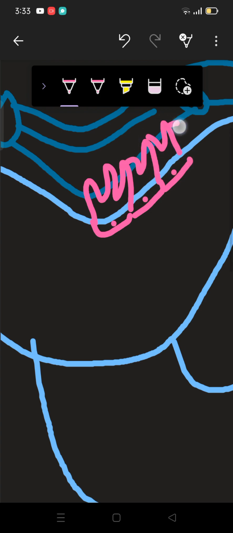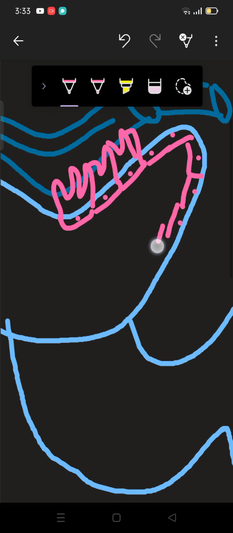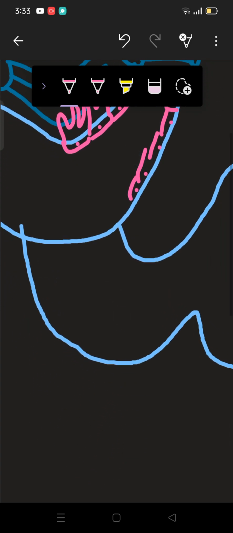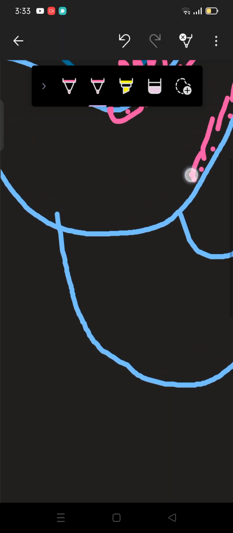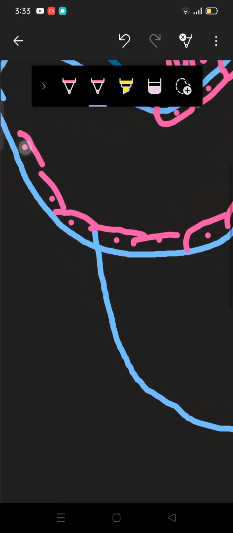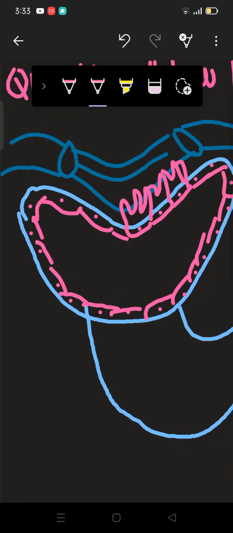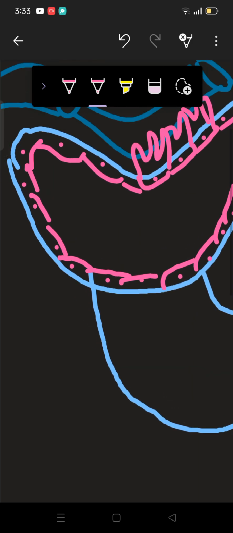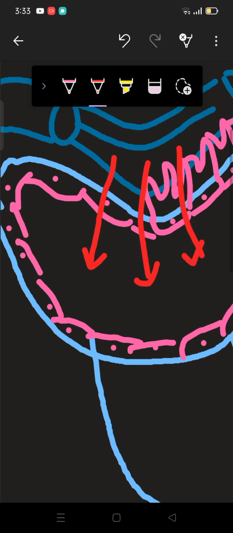These are all podocytes. Here we would be having filtration, so here we'll be having filtrate.